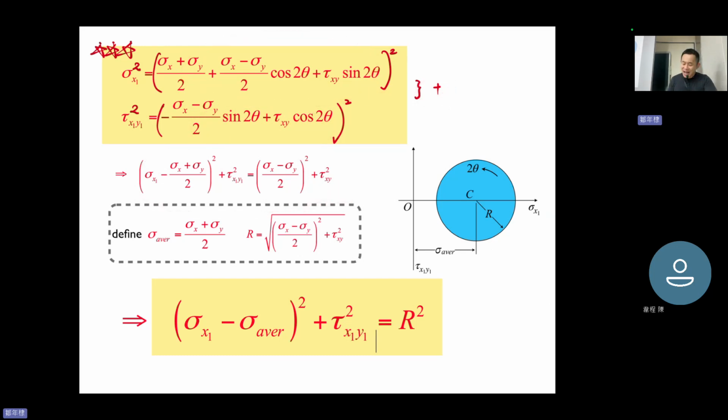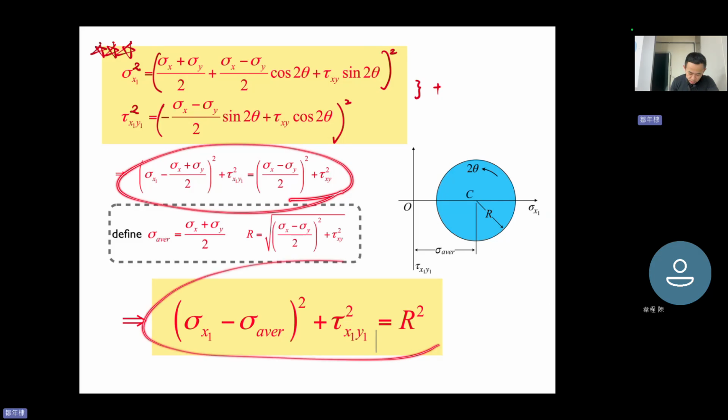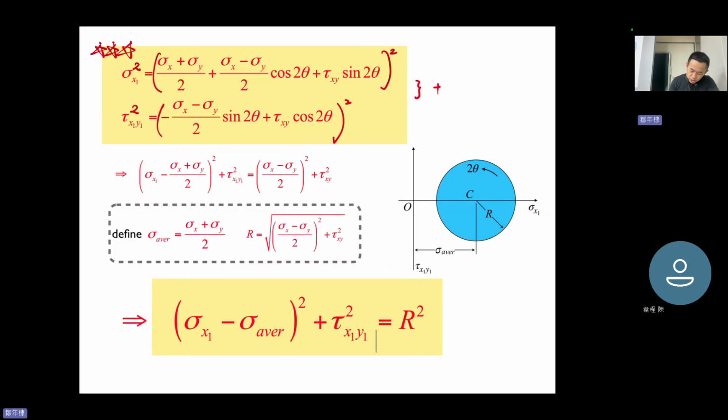And then if we define this as sigma average, and define this one as R squared, you will find that you can transform this into this one. Wow, this actually gives you 5-star. It is actually a circle formula.